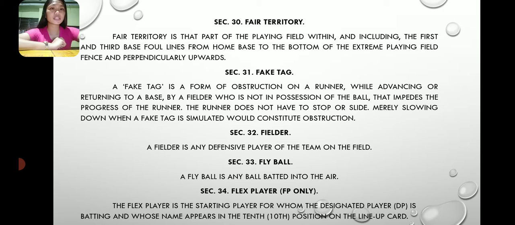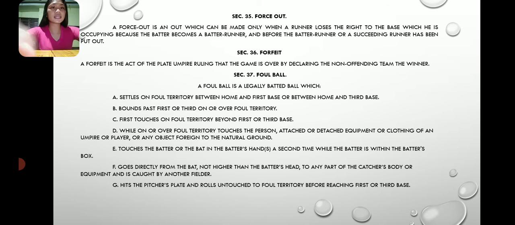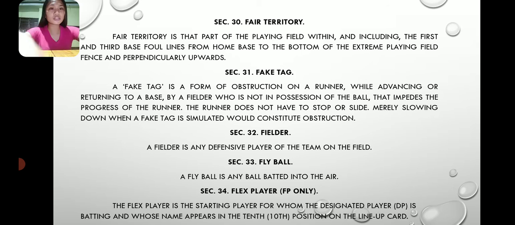Section 30, fair territory. Fair territory is that part of the playing field within and including the first and third base foul lines from the home base to the bottom of the extreme playing field fence and perpendicularly upwards. Section 31, fake tag.